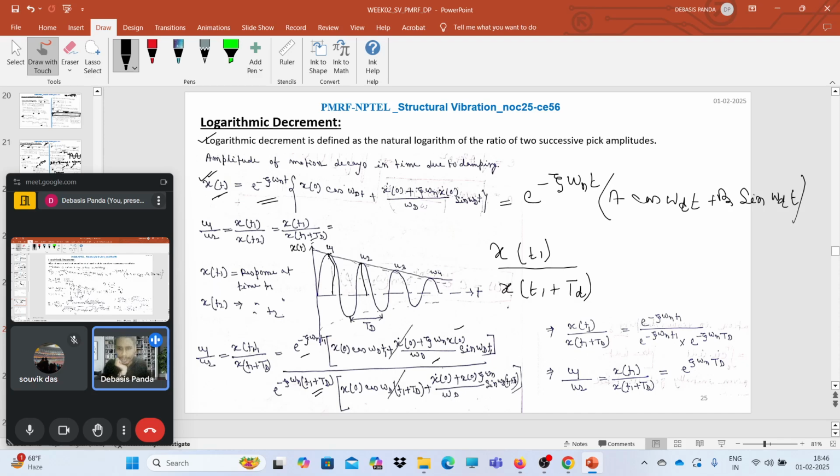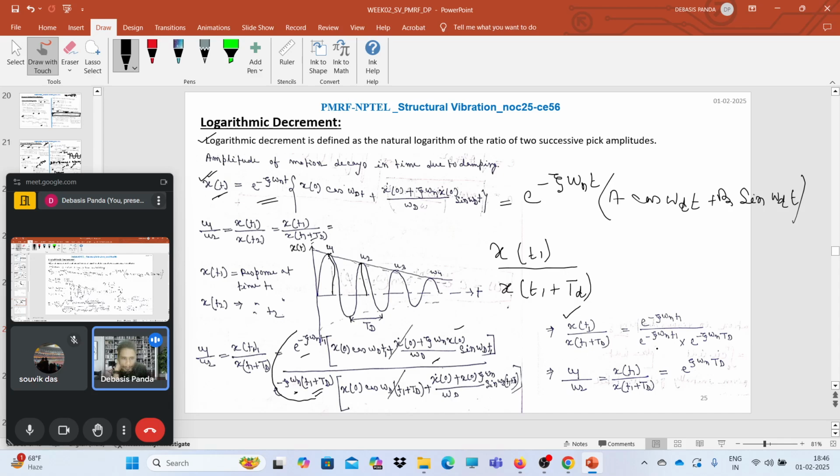So what will be the ratio? Obviously cos and sine are harmonic functions. They repeat themselves after their time period, so this term will cancel out and we are left with this part. So what is the ratio of the two successive amplitudes? x(t1) divided by x(t1 plus td) will be e to the power minus zeta omega n t1 divided by e to the power minus zeta omega n (t1 plus td).